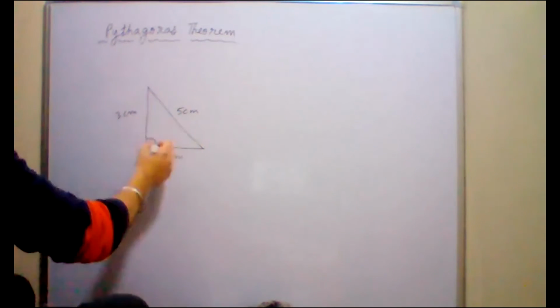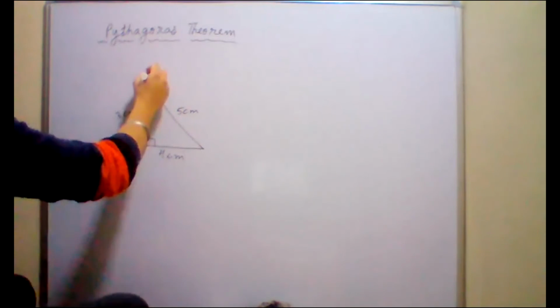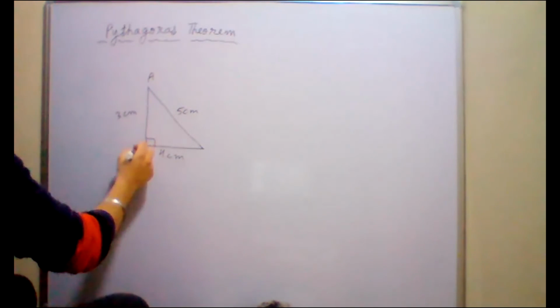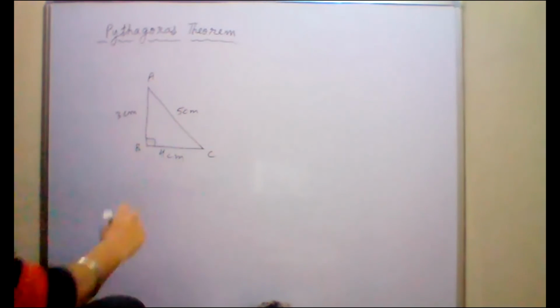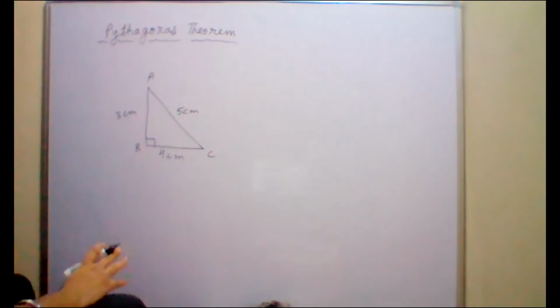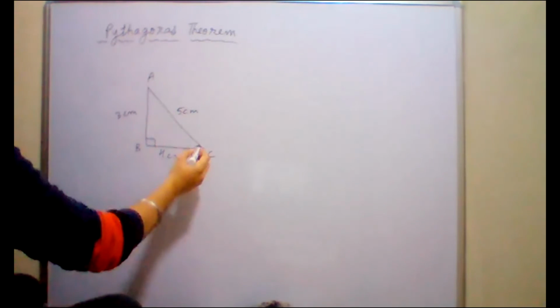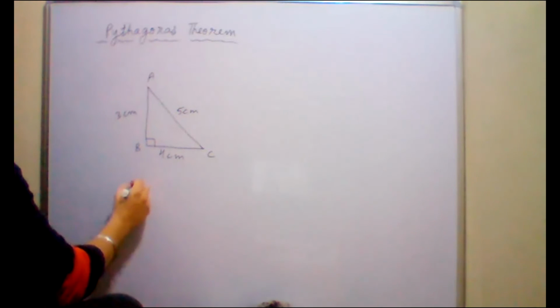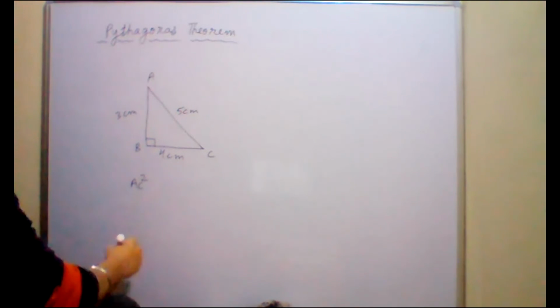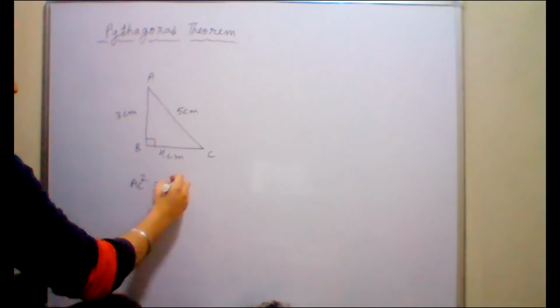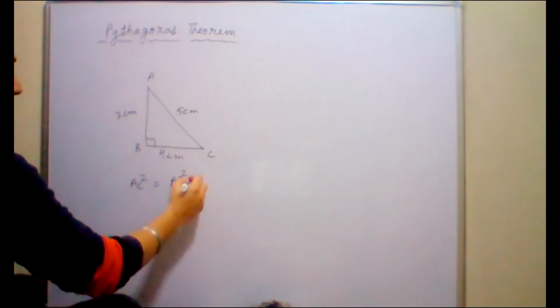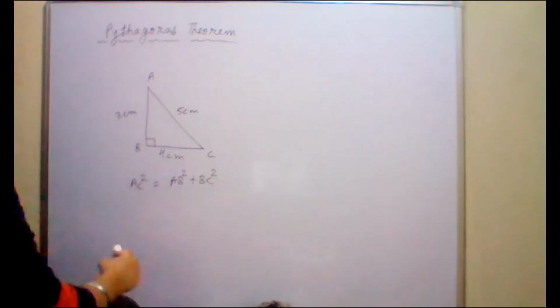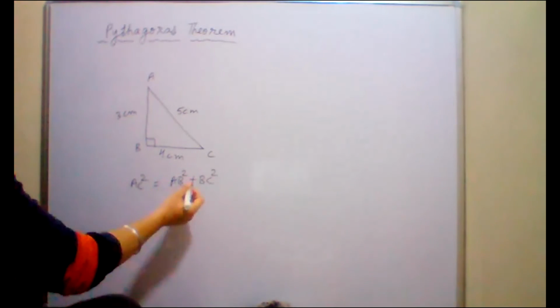Whenever it is a right triangle, suppose the name is ABC. Don't draw this in your copies; this is just an example. The square of hypotenuse AC: AC is the hypotenuse. AC square is equal to AB square plus BC square. This is what the Pythagoras theorem says.